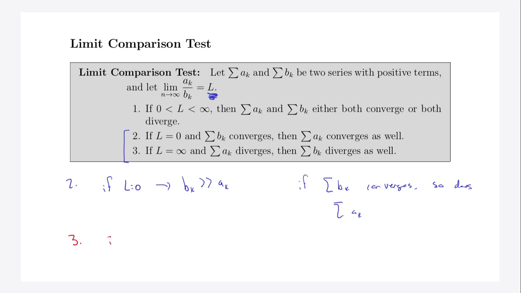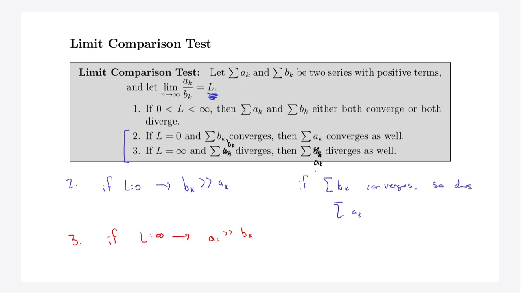In number 3, we'll say if L is equal to infinity, what does that mean? That means the numerator has to be really, really, really big compared to the denominator. All right, did I get this wrong? Yeah, I wrote this wrong. This is supposed to be b sub k, and this one is supposed to be a sub k.